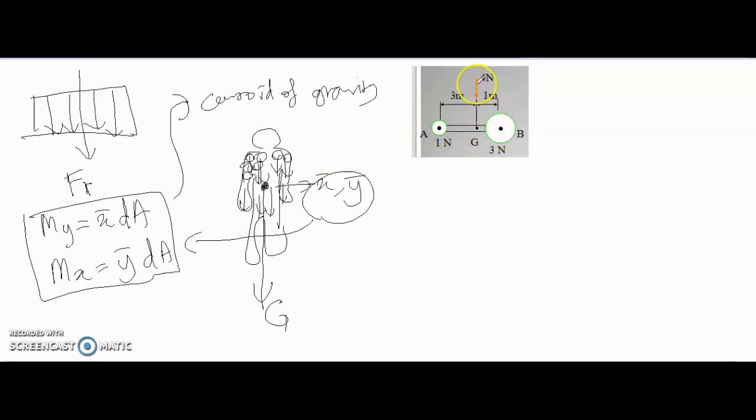Let's say this is our FR here at the center of the system. Our FR is equal to 4 Newton, and x bar we take from, let's say, point A to the location of the resultant force, x bar is equal to 3 meter.